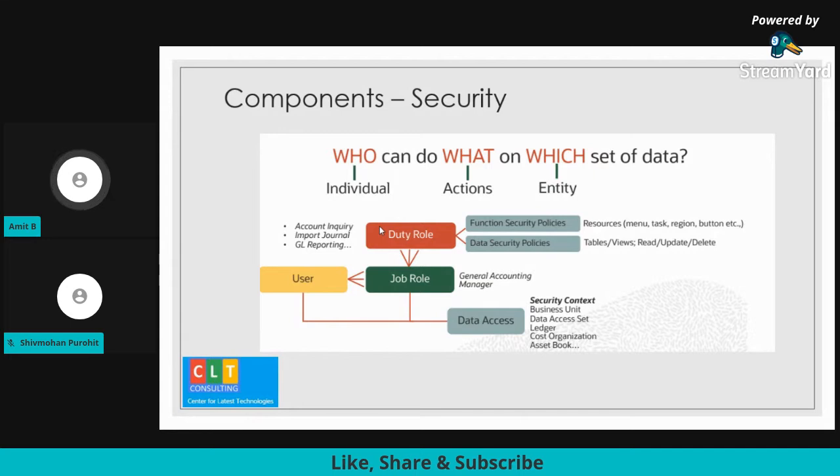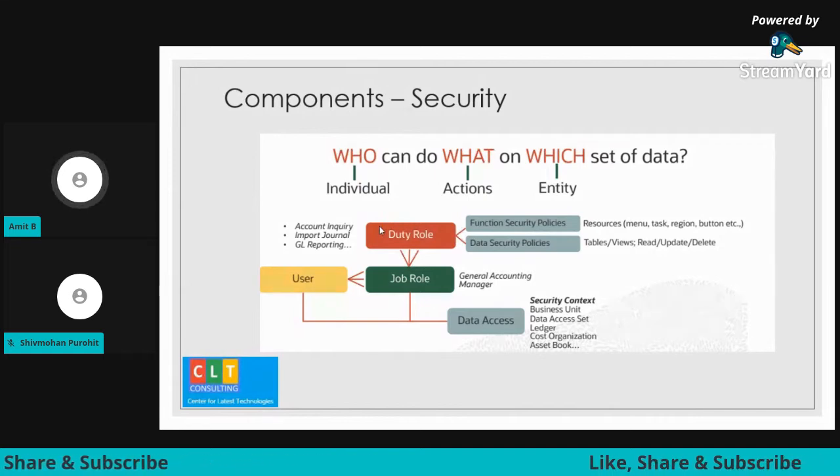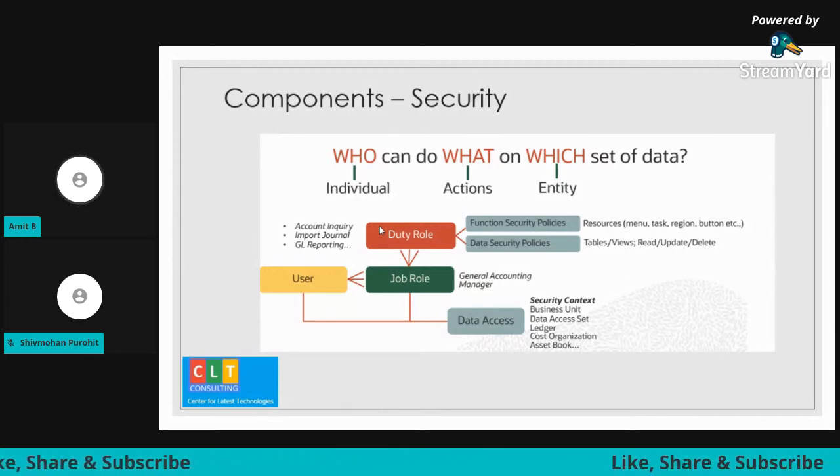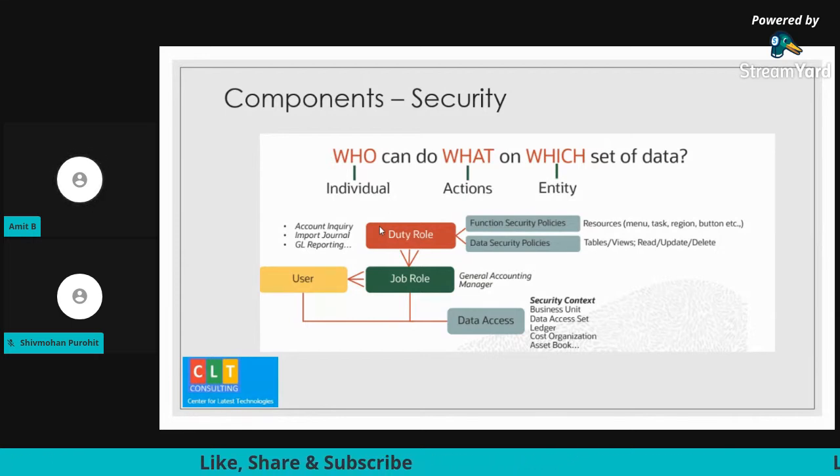So, what is your role? And as we can see here, who is an individual, what is an action, and which set of data forms the entity. So a person having what role can have what action on what set of data. That is what we perform in RBAC.